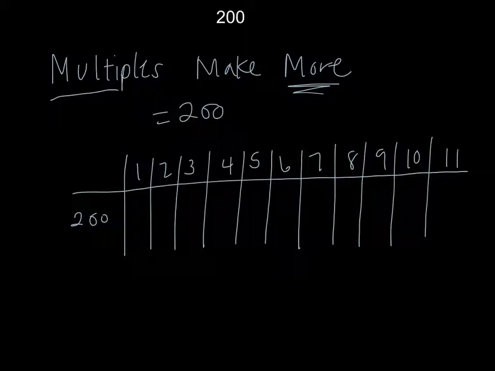Alright, let's start multiplying. 200 times 1 is 200. 2 times 2 is 4, so 200 times 2 is 400. 2 times 3, 600. 200 times 4 is 800.